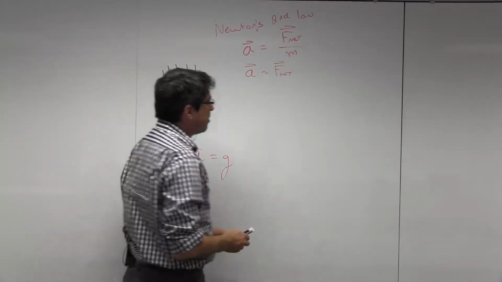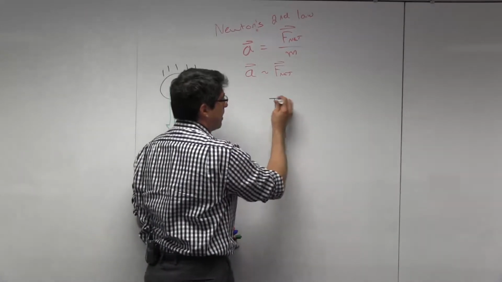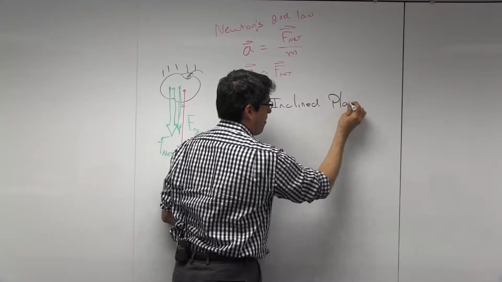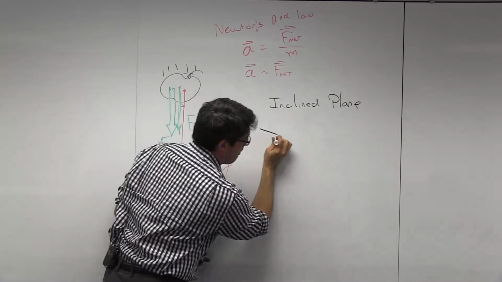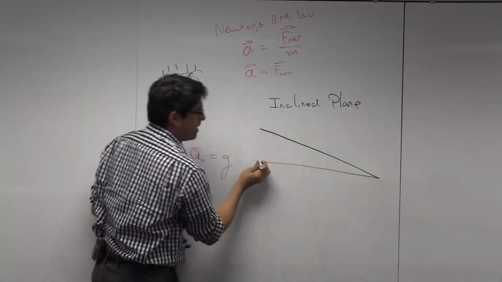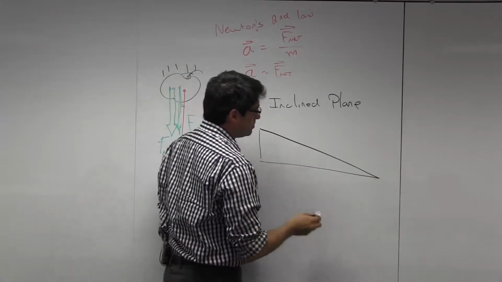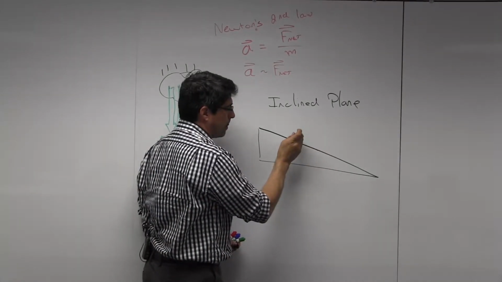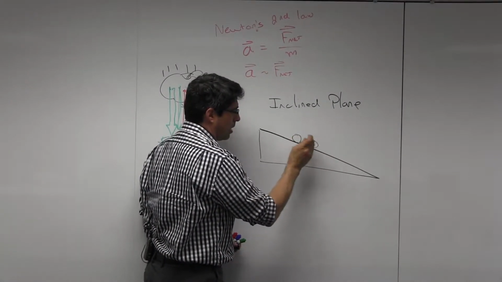Now, let's go back to the inclined plane. Here is the inclined plane, and we can put here, again, a car.